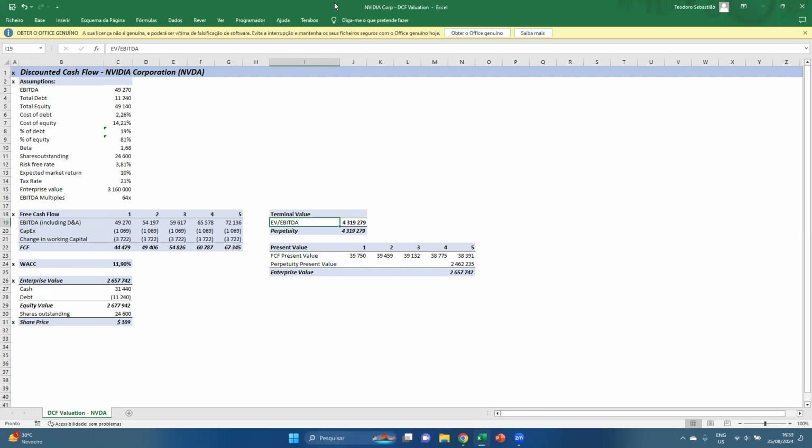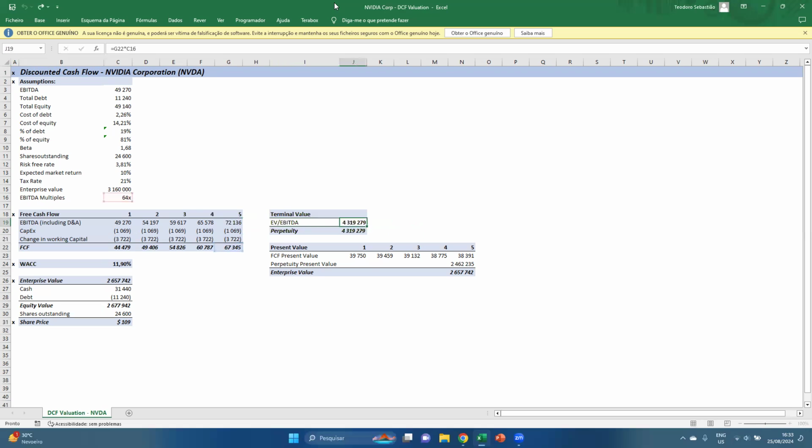where we estimate the price of the company at the end of this forecast, at the end of the 5 years. We can use two methods for the terminal value: EBITDA multiples or the growth rate.